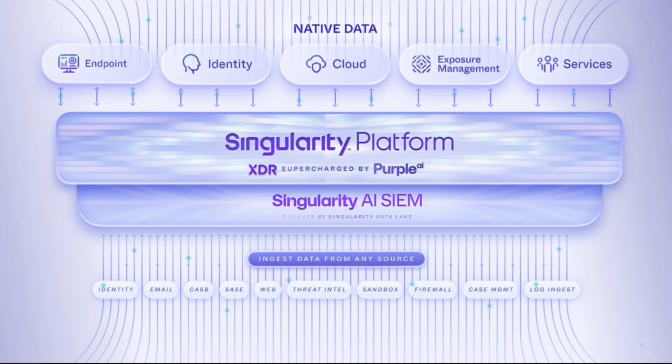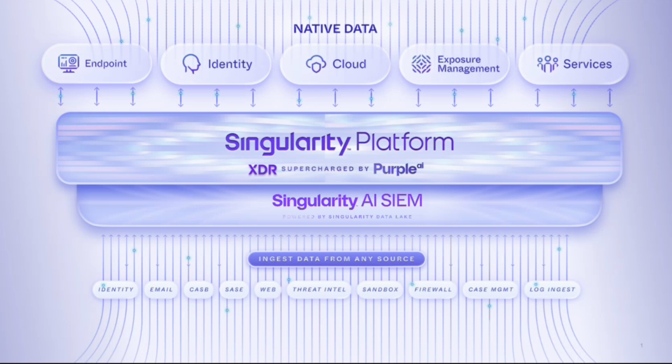We can ingest data, and SentinelOne started by only ingesting data from the endpoint, but now they also do this for identity, cloud, and exposure management, and they put their own threat services on it as well. This is all stitched together by the Singularity engine, which is now also supercharged by PurpleAI. We'll talk about PurpleAI in a few minutes.